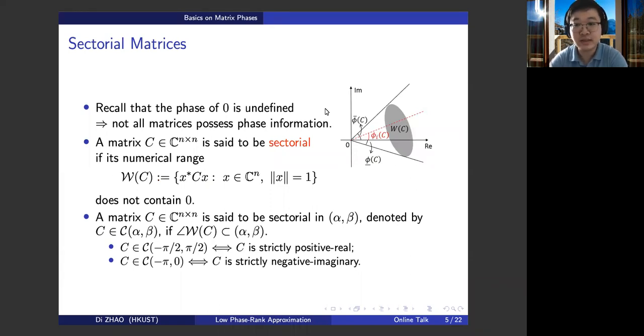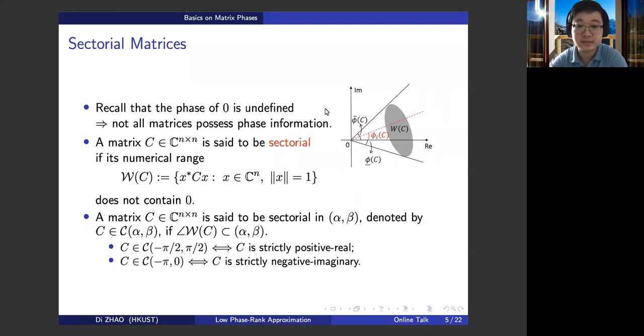This gives us a hint that not all matrices possess phase information, and this is why we only define phase for sectorial matrices, since the set of sectorial matrices allows us to introduce a clear definition.